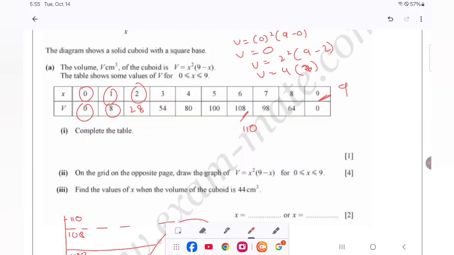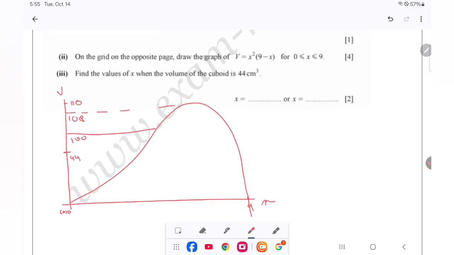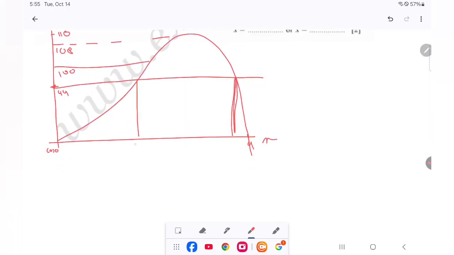Now part 3 asks to find the value of x when the volume of the cuboid is 44. This is our volume, this is our x. So volume of the cuboid, 44, is somewhere here on the vertical axis, and if we move across, this part and this part, and if we look carefully, this will be our 2.7, and this will become our 8.5, close to the 9.